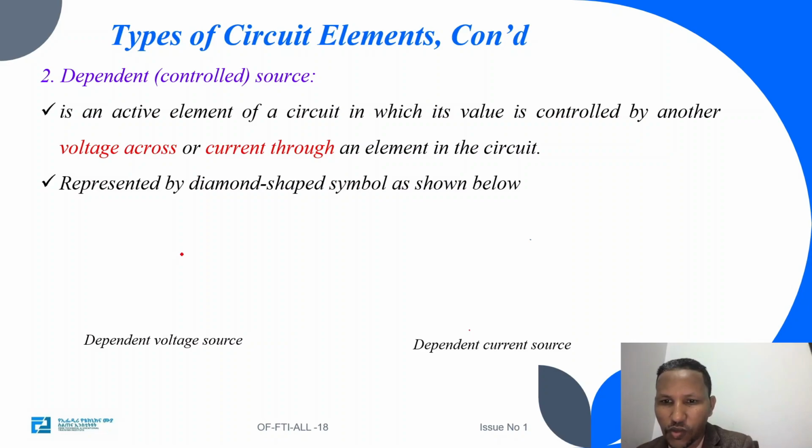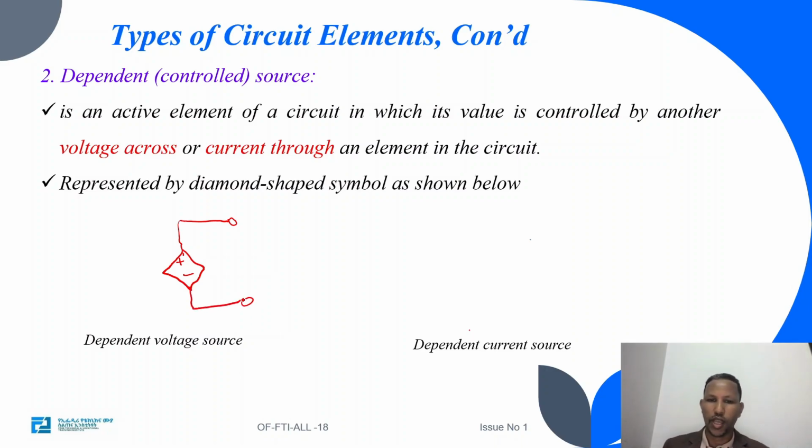This is the dependent voltage source. First we draw a diamond-shaped symbol and then put the polarity. This is the ideal dependent voltage source. Similarly, this is the ideal dependent current source.